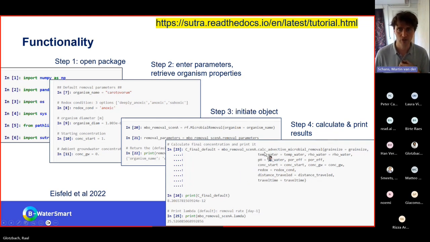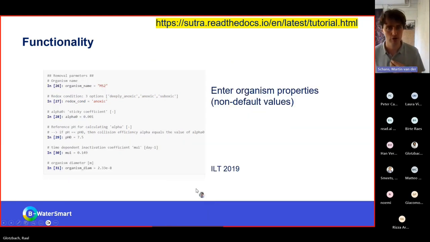And so in this case, you do a calculation where we've also assigned a pH. I didn't show all that, a porosity and a start concentration and the redox condition. And then it will calculate that in this case, the output concentration is 8 to the power minus 12. So you have a very large removal.